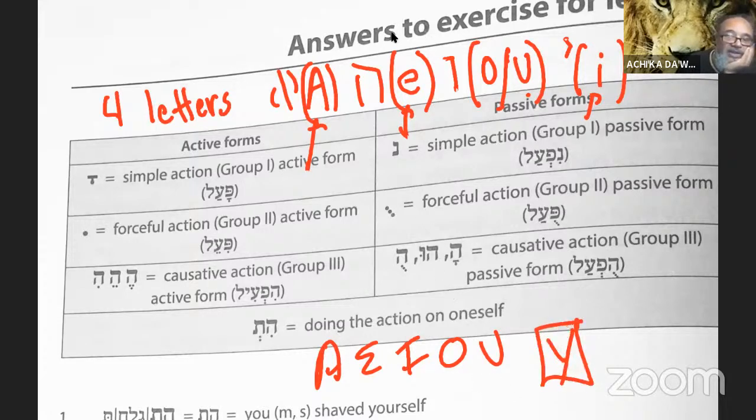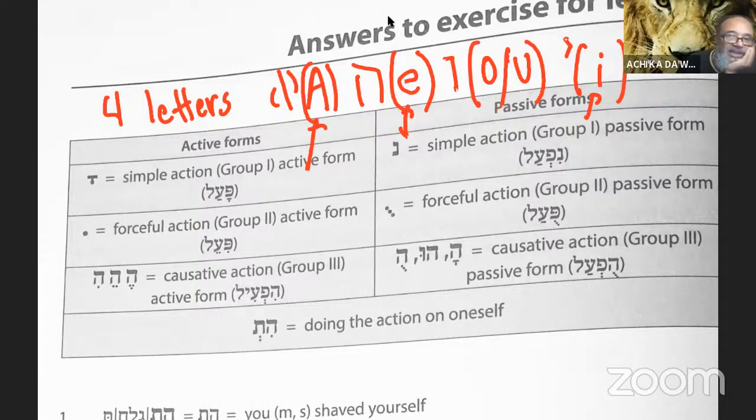Okay. So I don't want you to get confused and think that there is a letter A in the Hebrew language. Your first lesson that I taught you was there is no letter A in the Hebrew language, which is true. But the aleph is used as a vowel. Okay.